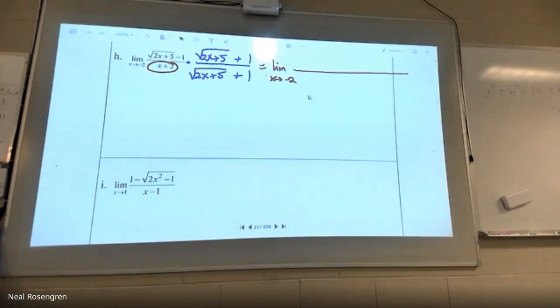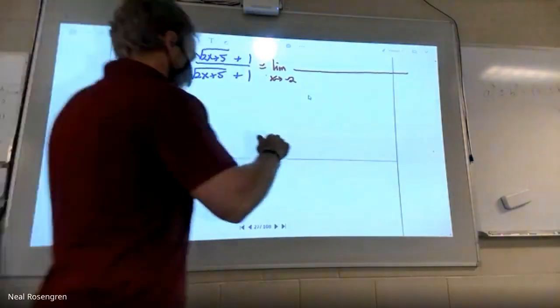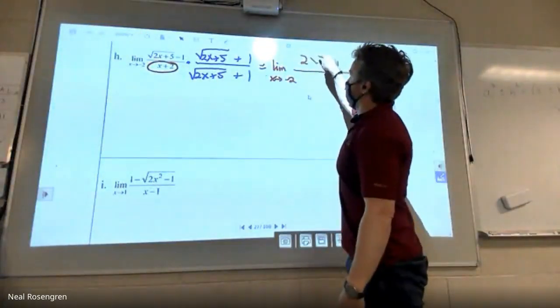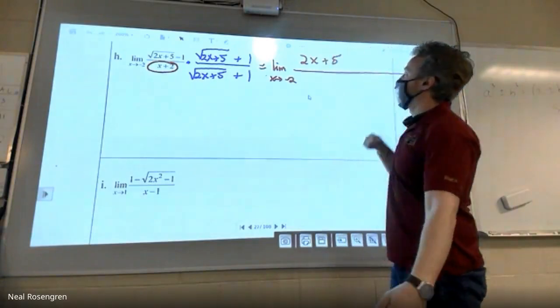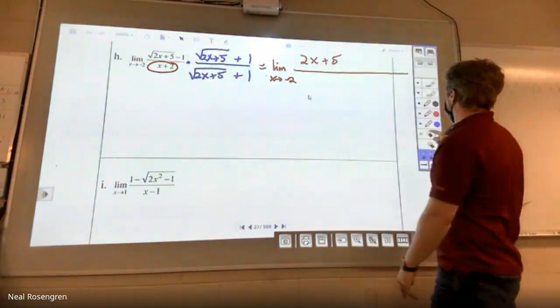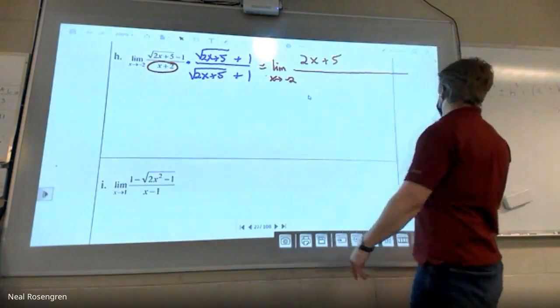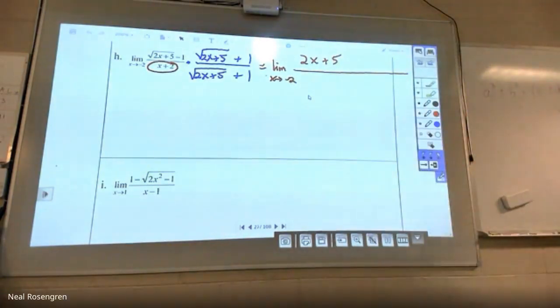And by choosing the conjugate, I know that things are going to cancel very nicely. The square root times itself is just 2x plus 5. That's 5. But my next two terms in my distribution are always going to cancel. 1 times the square root of 2x plus 5 and -1, right? Those are just opposites.